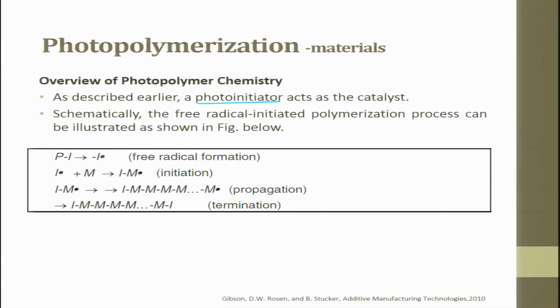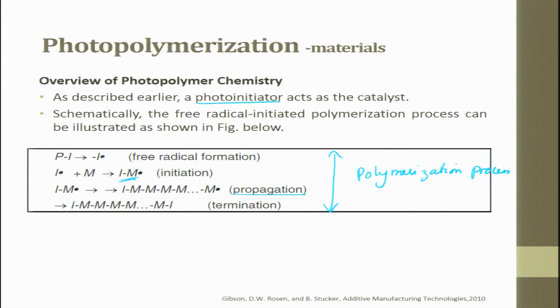When it bonds to several of these monomers, it forms a propagation, and when this chain meets an I, it gets terminated. So, this is the polymerization process, which is very important, you should understand.